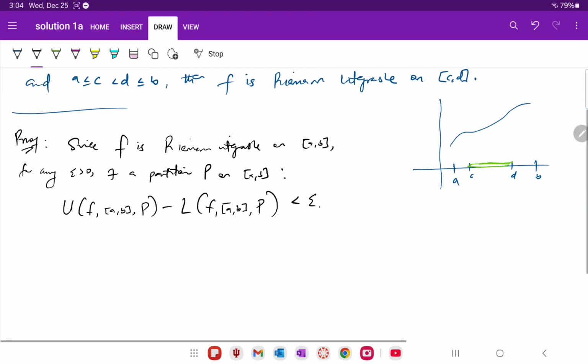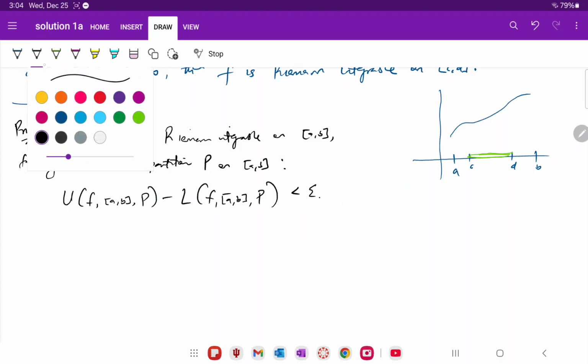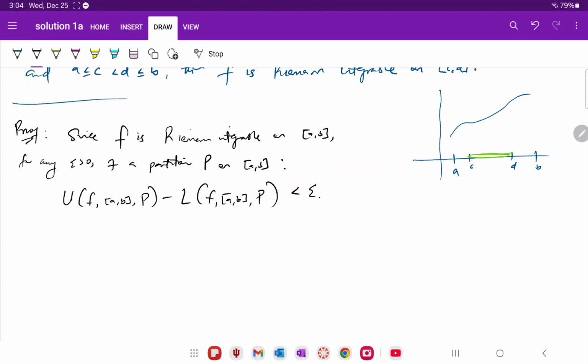So we need to define a partition on our c, d. So let's assume that this black line is the partition P.